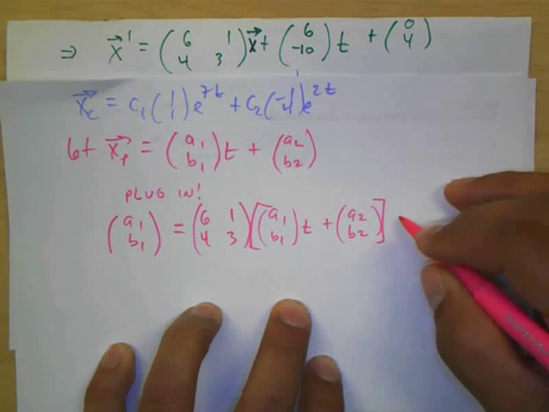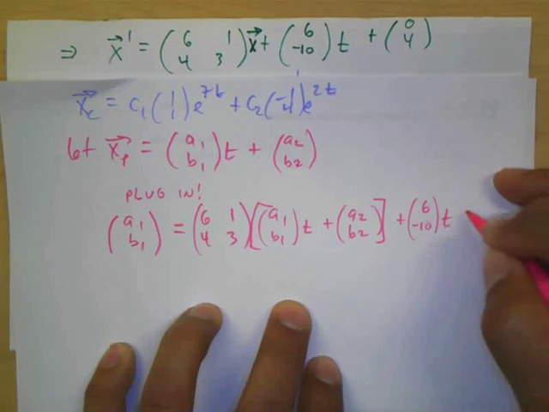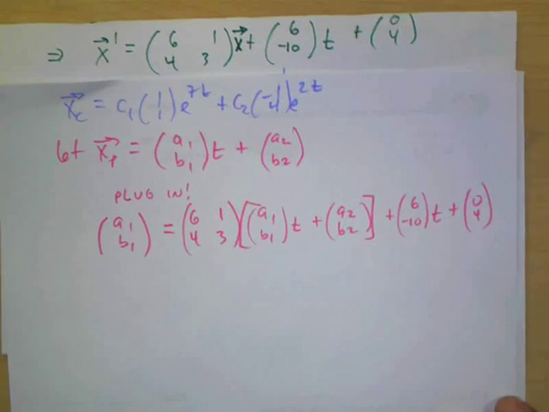And we still have 6, negative 10t, and 0, 4. Okay, so this is what we're looking at.